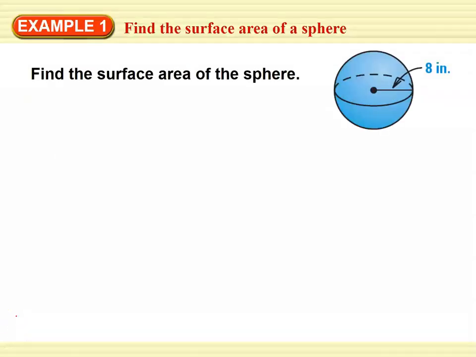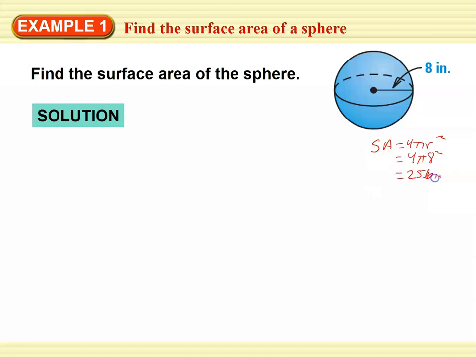All right, so here we're trying to find the surface area. Surface area is 4 pi r squared. In this case, it's 4 pi 8 squared. 8 squared is 64. 64 times 4 is 256. So we've got 256 pi, and it's surface area, so inches squared.